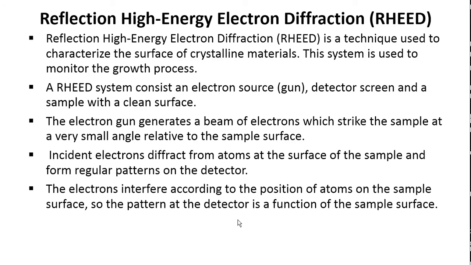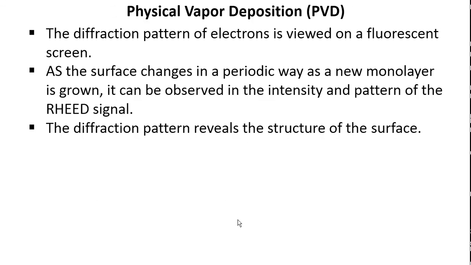That is nothing but a fluorescent screen with some control systems and mechanisms, different kinds of controls for making this beam directly available at the center of the RHEED screen. So that's why the pattern available on the screen will be a function of the sample surface.